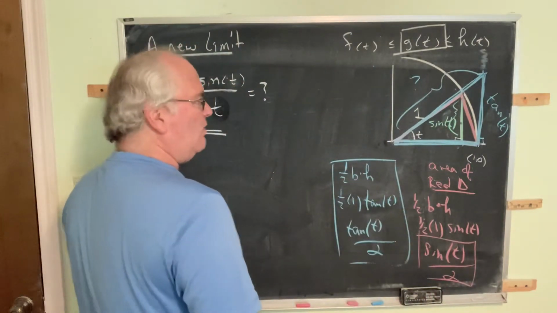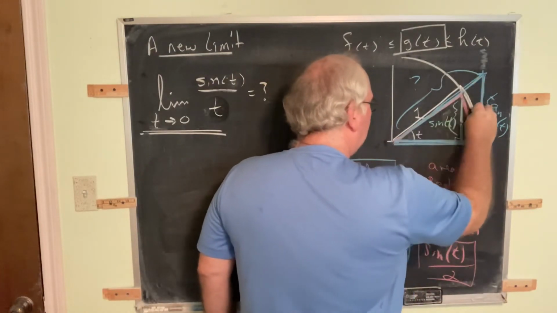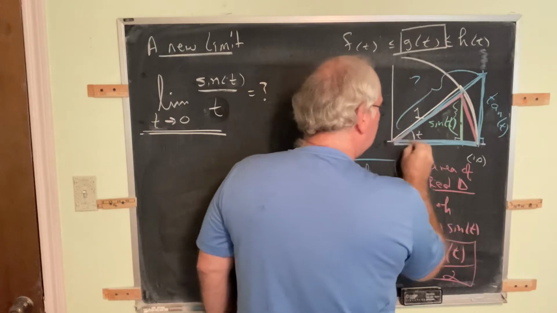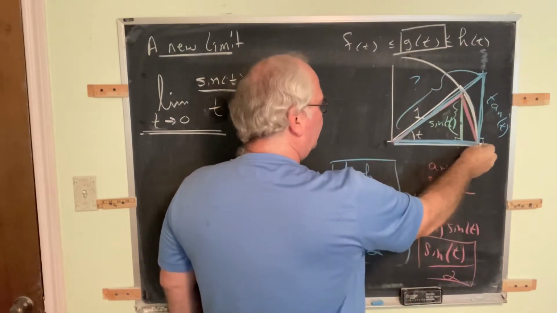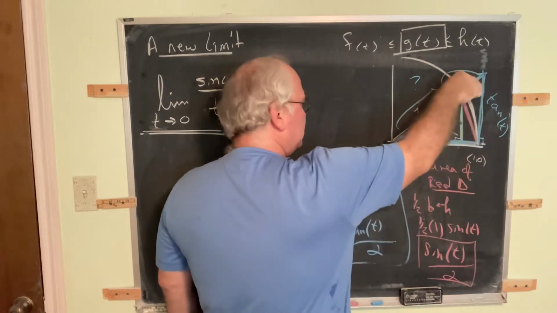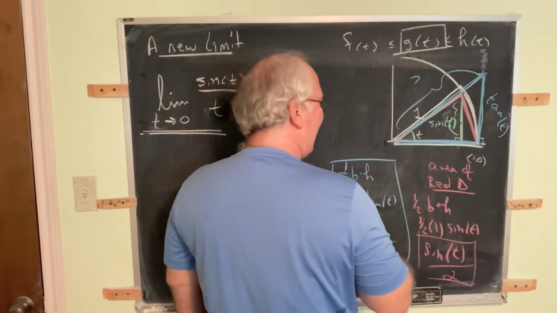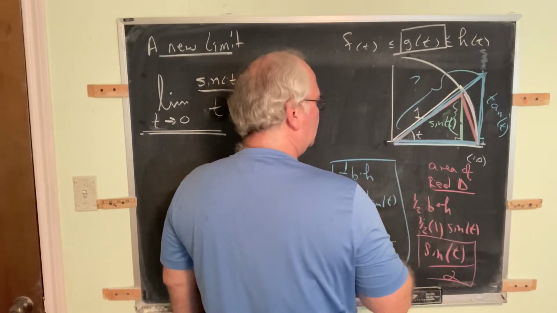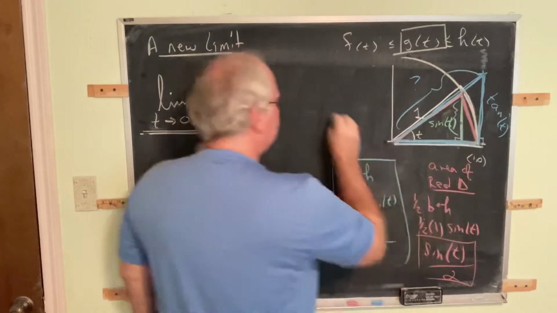And now what I want is the area of this white curved region. This is curved, the curve on the circle going from this point down to here. I want the area of that. Is it clear that that's called a sector?